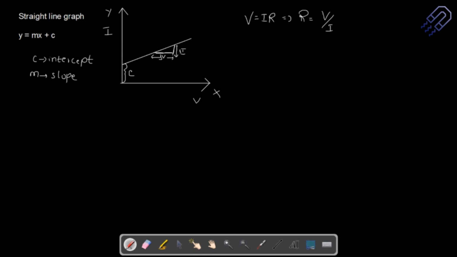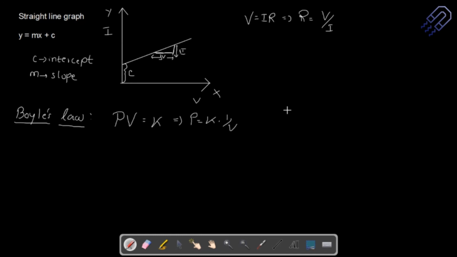If we take a simple example of Boyle's law, pressure into volume is equal to K. That's a constant. Based on this, we can say that pressure is equal to K into 1 by volume.